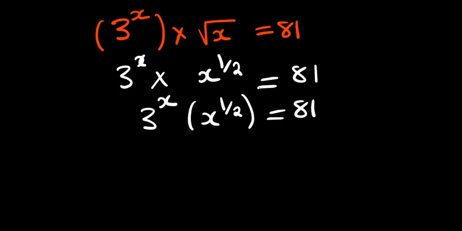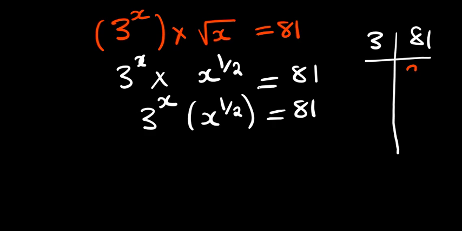So in this case, let's start with 3. We draw our plus. This is 81. Then we start dividing. 3 into 8, that is a 2. Carry 2. 3 into 21, that is a 7.